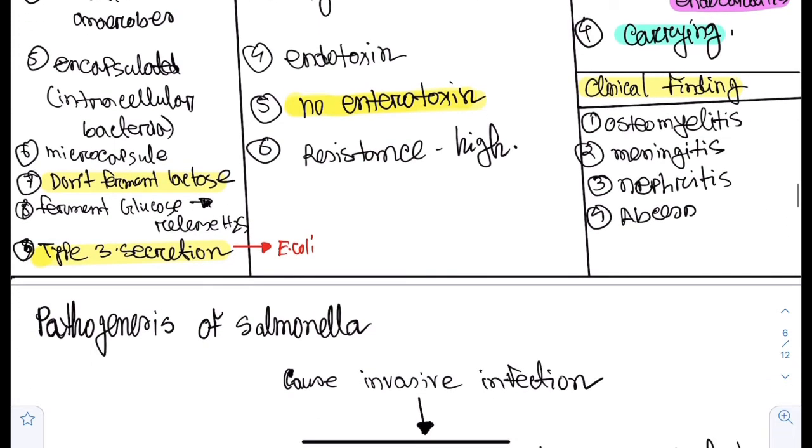And there is a clinical finding, which is osteomyelitis. This is the most common, as we will see in the hospitals that patients have osteomyelitis, and it might be connected to salmonella. And meningitis, nephritis and also abscess are less common.